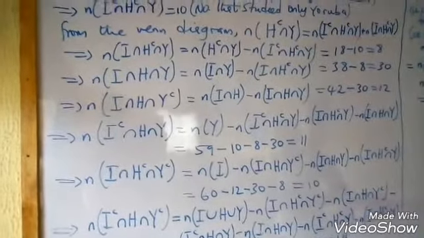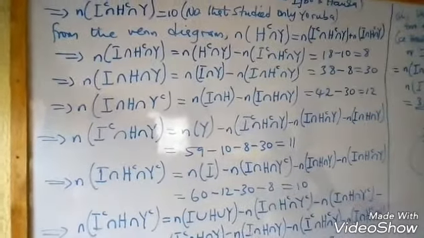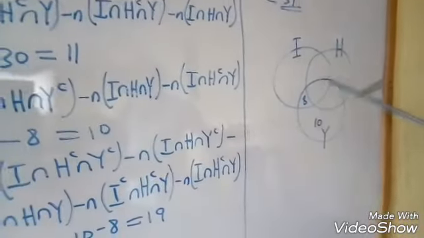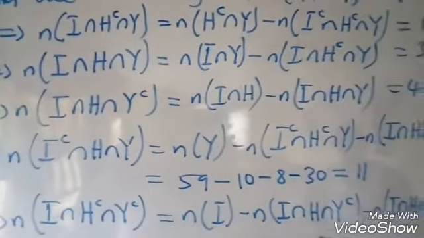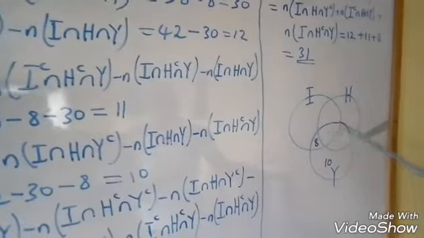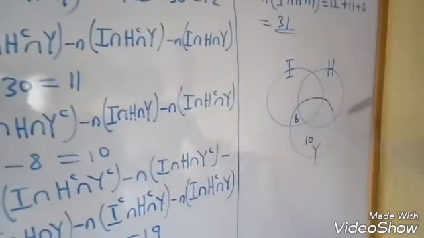From that same Venn diagram, N of I intersection H intersection Y is equal to what? This section is equal to the whole of this, which is I intersection Y, minus I intersection H complement intersection Y, this one. So this alone is the whole of this minus this, which is equal to 38 minus 8.